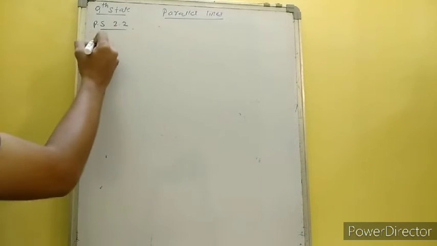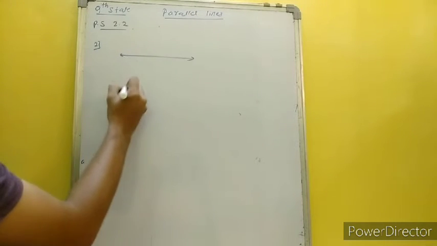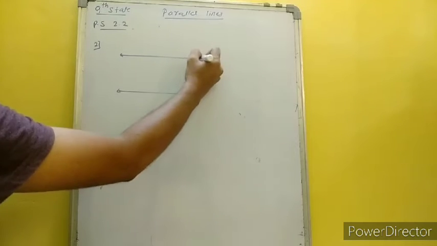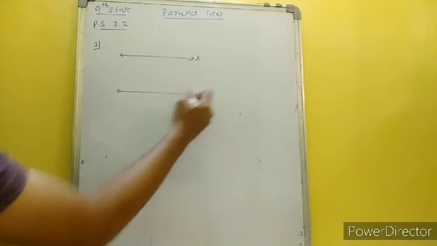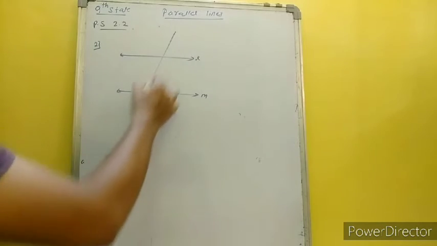In the second question, we have lines L and M. We don't know about whether they are parallel or not.